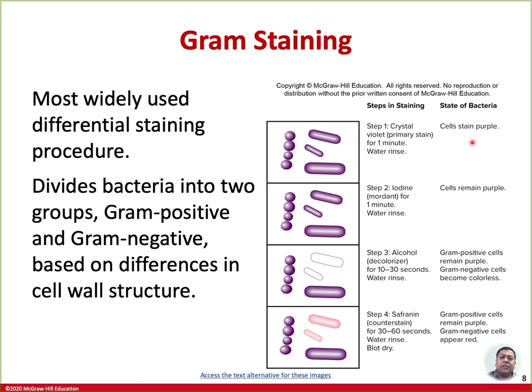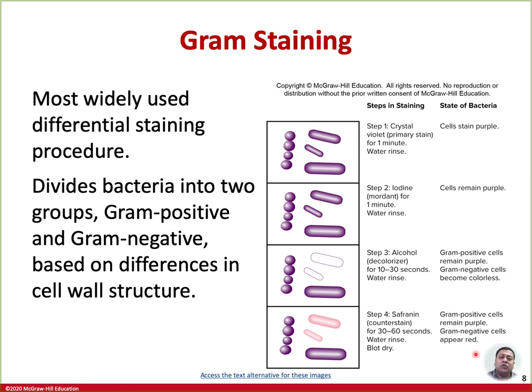The cells which keep the first dye, the crystal violet, after decolorizing with the alcohol are known as gram positive. Again, repeating, the cells retaining the first dye will be considered gram positive. And the cells which are discolored, decolorized or destained by the alcohol application, and then take the second stain, a pinkish or reddish color, will be considered gram negative.